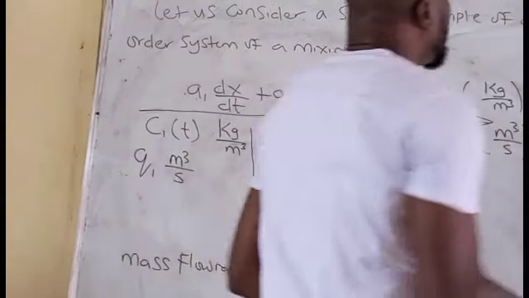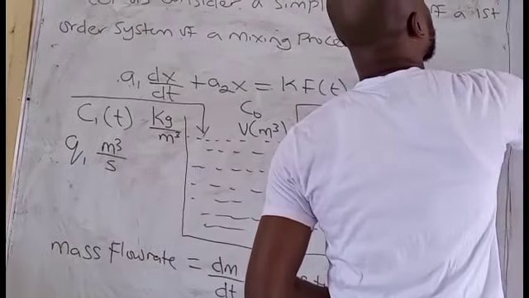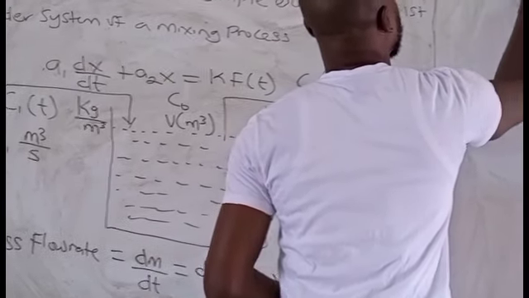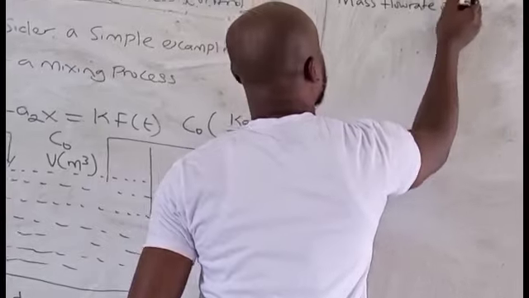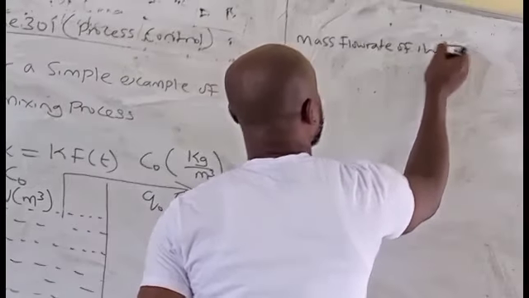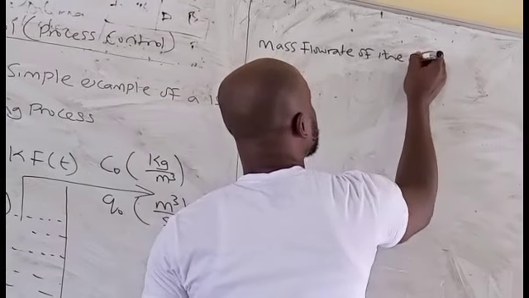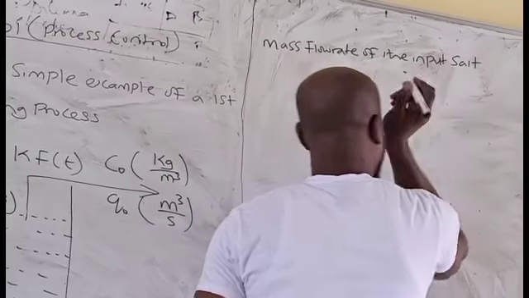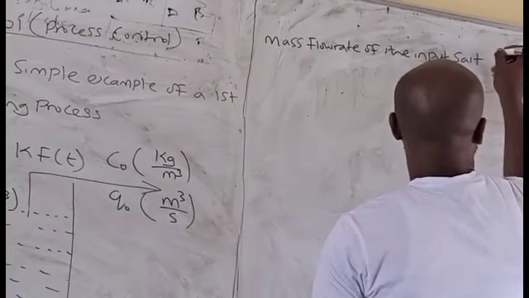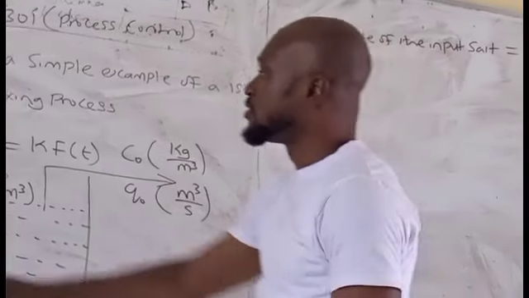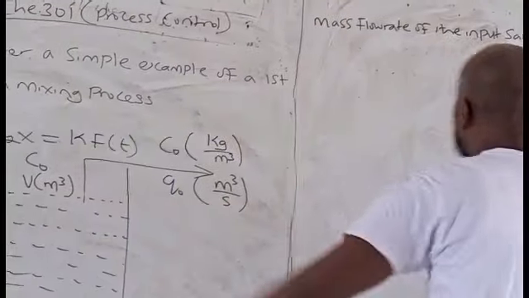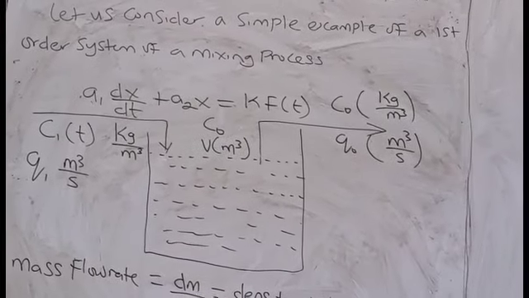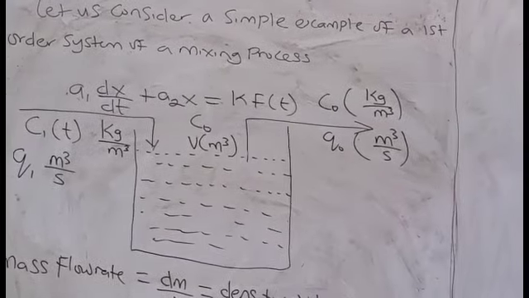So now, the mass flow rate of the input source will give you C1 times volumetric flow rate, which is Q1.